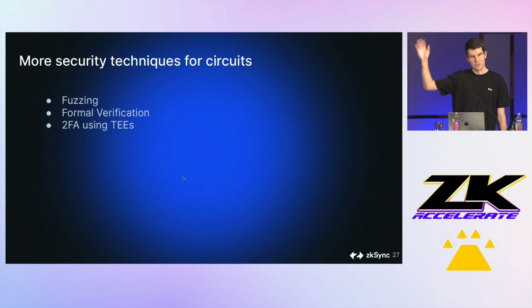This way, even if there's some critical circuit bug, as long as the TEEs don't have the same bug, it won't break the chain and people won't be able to steal money. Our TEE engineers are super talented people. I actually get to work with them a lot. Very excited for this.